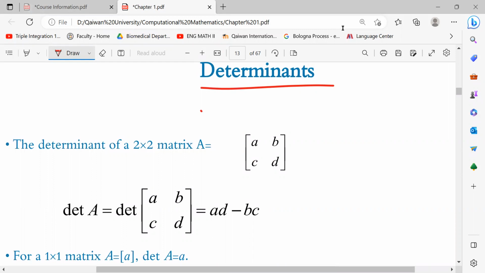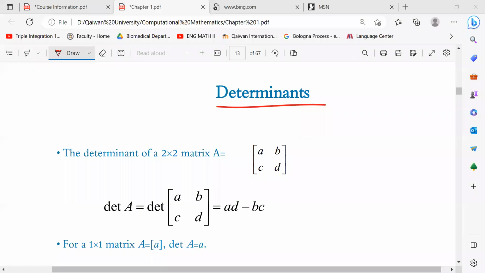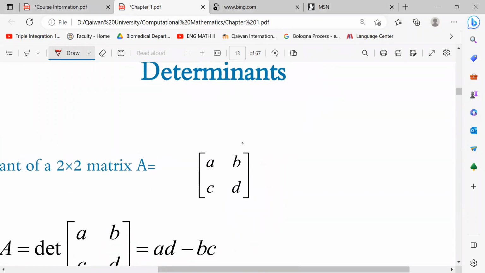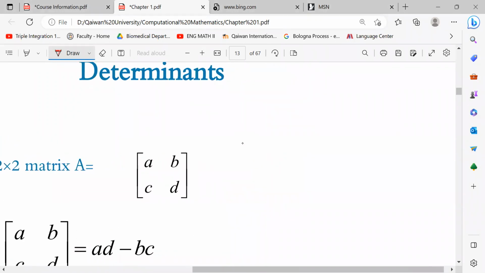We just talk about 2 by 2 and 3 by 3 matrices for finding their determinant. For non-square matrices, we have no determinants.